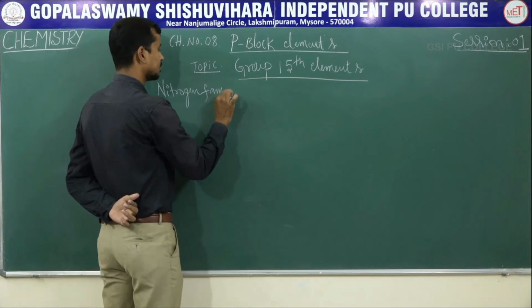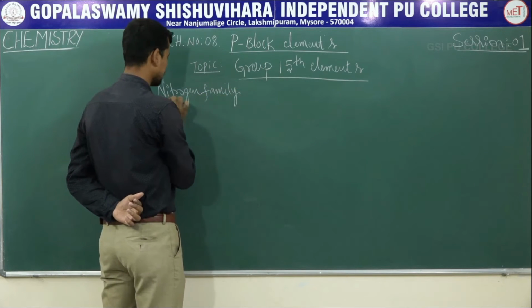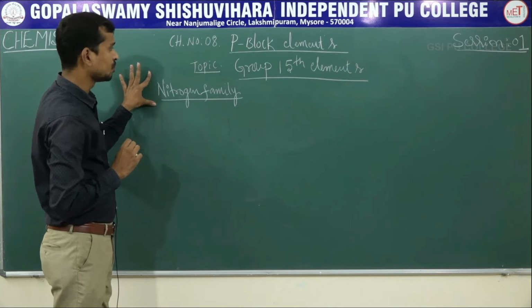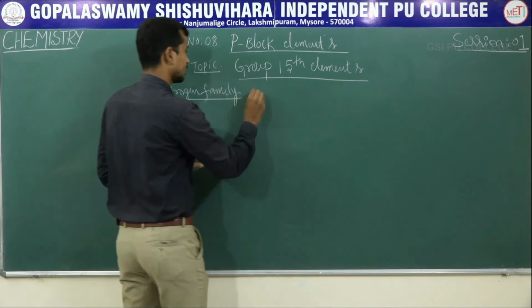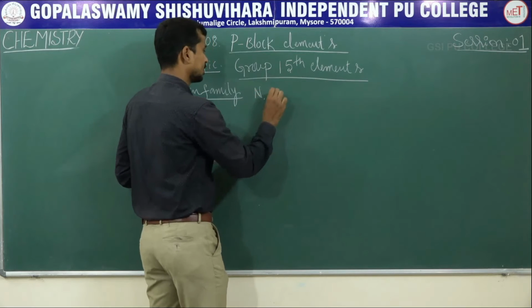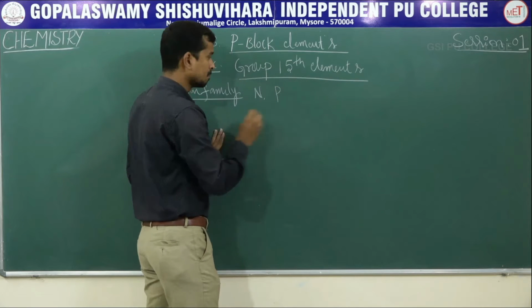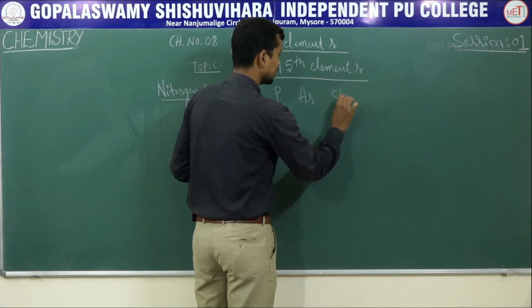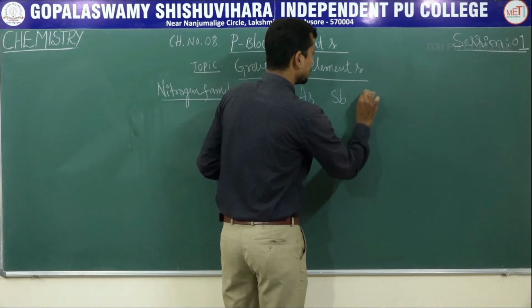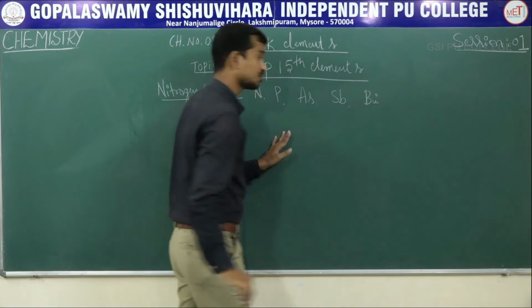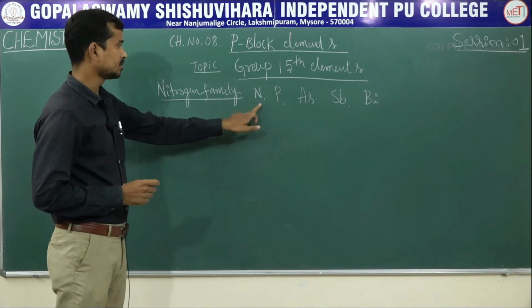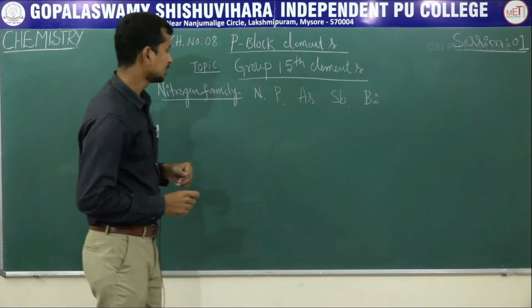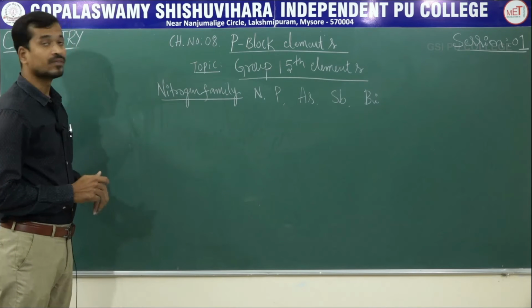The family members of group 15th are nitrogen, phosphorus, arsenic, antimony and bismuth, not biscuit, bismuth. Clear? Nitrogen, phosphorus, arsenic, antimony and bismuth. These are the family members of group 15th.